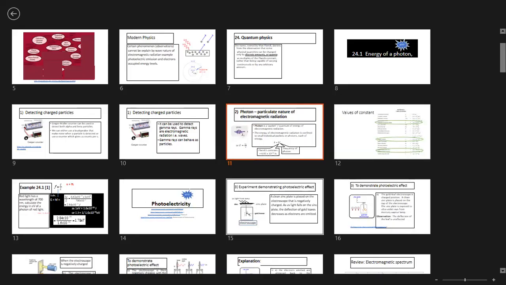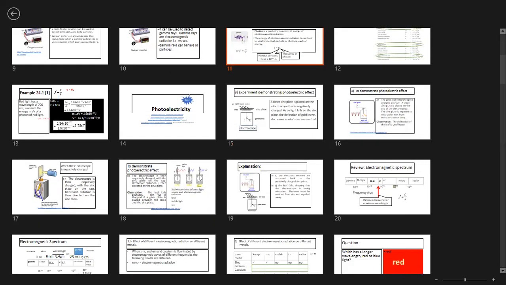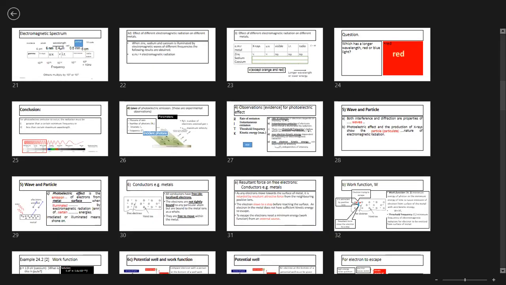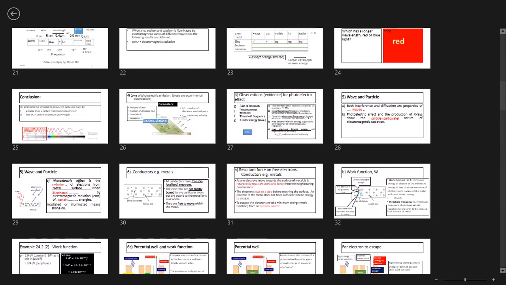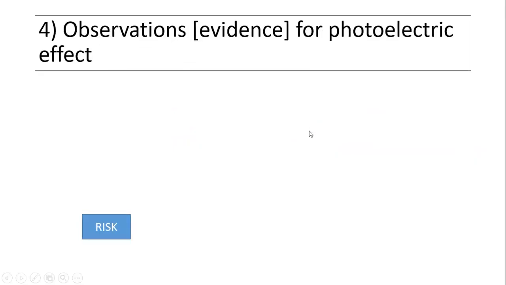And the other thing that you will need to remember would be, okay, can you remember that? The laws of photoelectric emission, or observations?